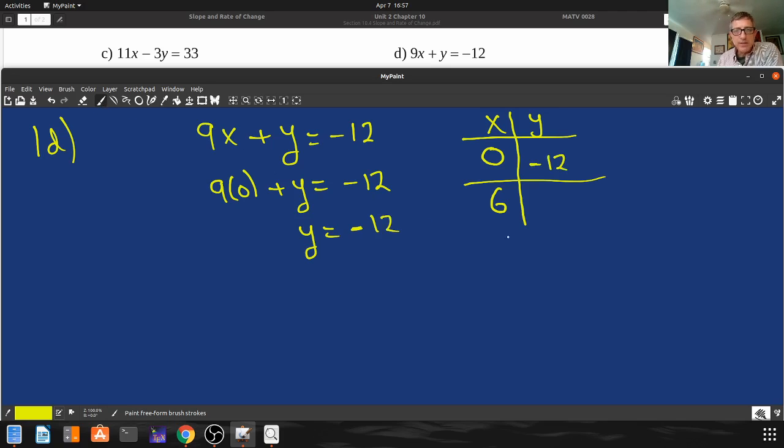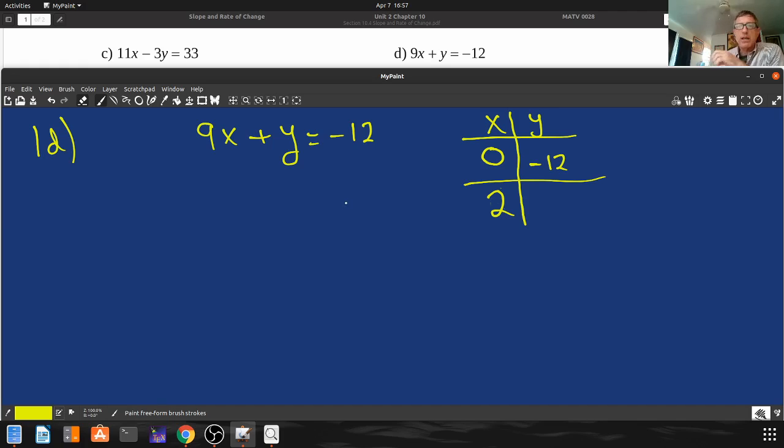Let's make this easier. Change it to a smaller value. Let's let x be 2. I don't want the numbers to get really, really big. And when I said let x be 6, I was actually thinking let y be 6, and that would have been fine.